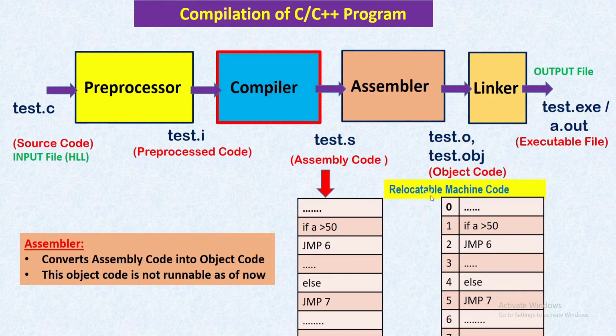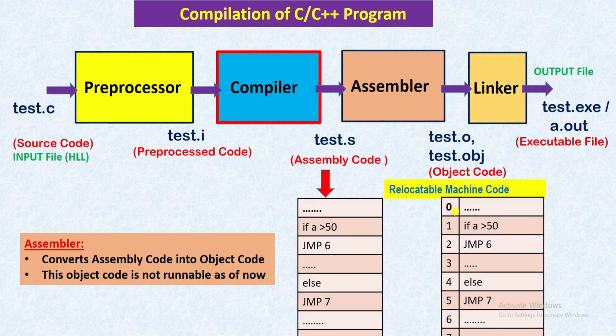So what does relocatable mean? Relocatable means that this code can be placed inside your main memory at any address. Here it is starting from address 0. It may happen that at address 0 inside your main memory there is no space, because there is some other program. So your code can be put, let's say, starting from address number 100.